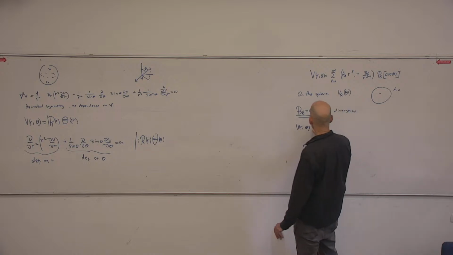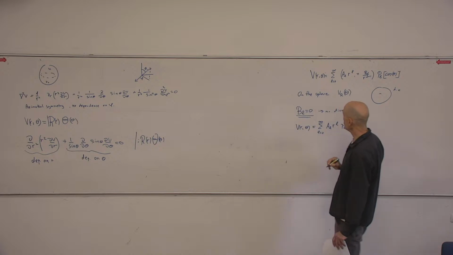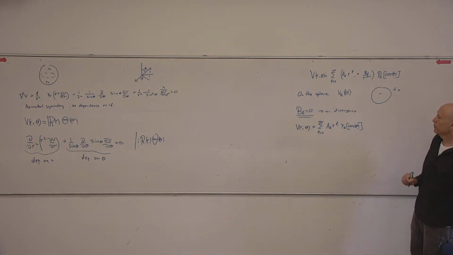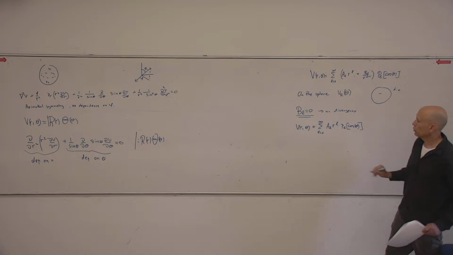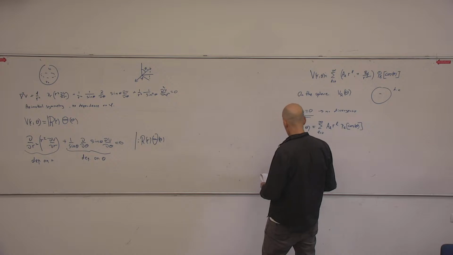So this is simply a sum, L from 0 to infinity, A_L r^L P_L cosine theta. Hallelujah. Now I need to determine these A_Ls, and I do it with an orthogonality relation, which in this case is the following.